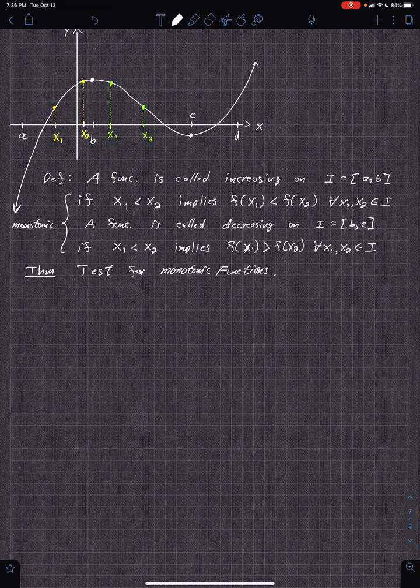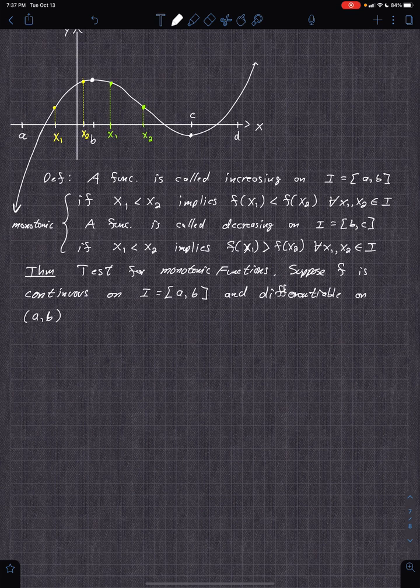All right. So we're going to assume f is continuous on an interval. So suppose f is continuous on an interval I, a to b, and differentiable on the open interval from a to b.